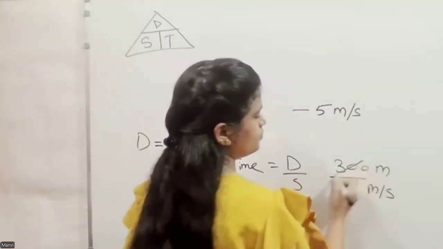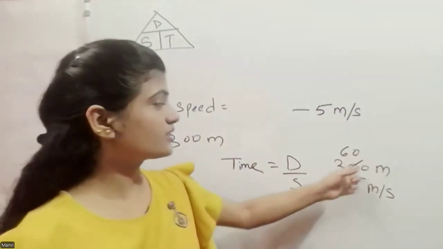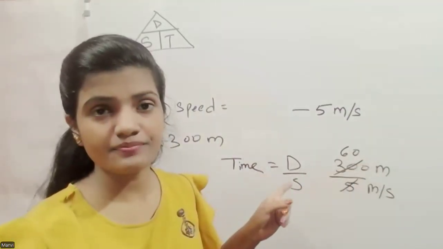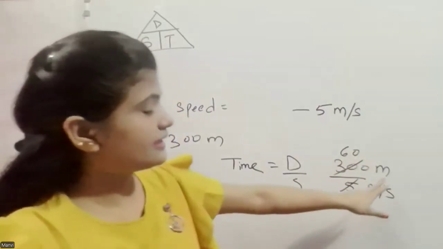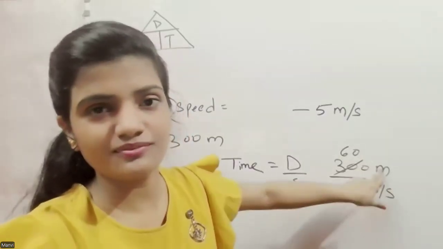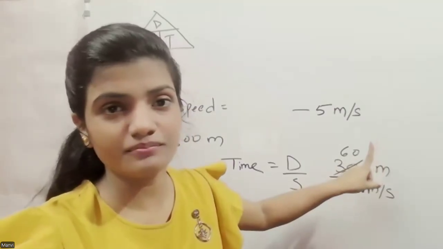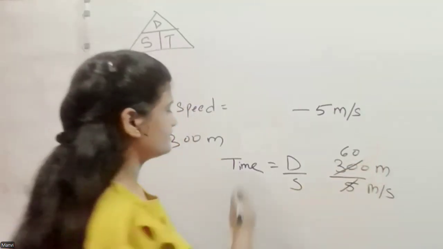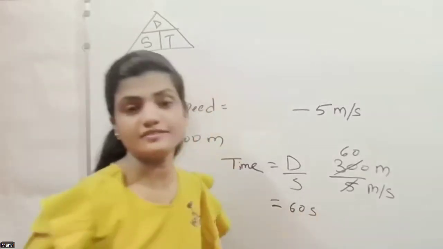Now this is 60 because 5 goes with 30 in 6 times, and we have one more 0. Now you can see that this meter and that meter, we can easily cancel that too. And we just remain with 1 second on the top. That's why the unit of time is 60 seconds.